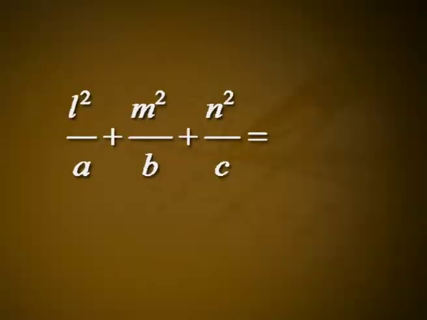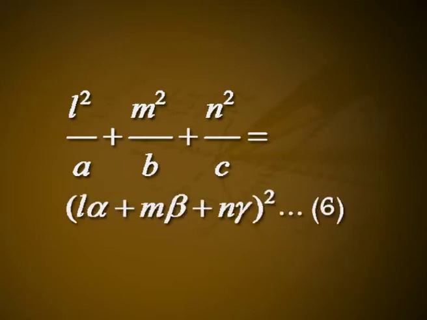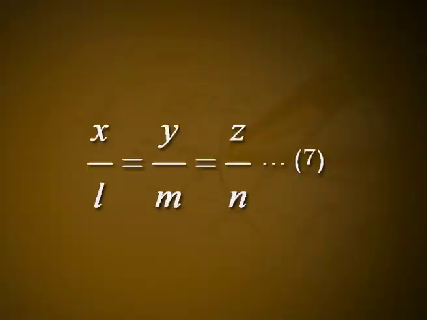Equation number 5. If it is a tangent plane to the given conicoid, then l square by a plus m square by b plus n square by c is equal to l alpha plus m beta plus n gamma whole square. Equation number 6. Also, the equation of the line through the center 0, 0, 0 of the conicoid perpendicular to 5 is x by l is equal to y by m is equal to z by n.